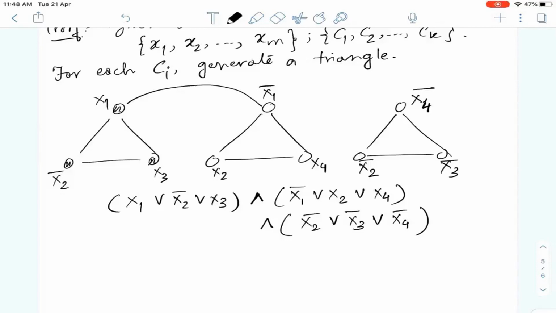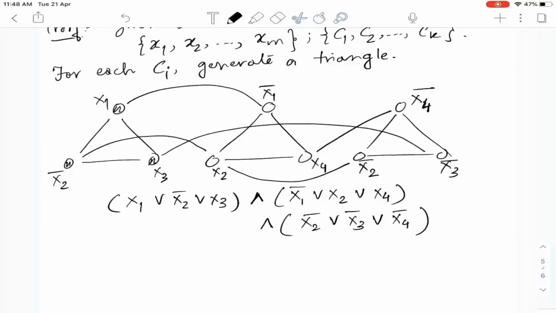Similarly, I put an edge between x2 and x2 bar, between x4 and x4 bar, between x2 and x2 bar again, and between x3 and x3 bar. I might have missed some edge, but I think the idea should be clear.